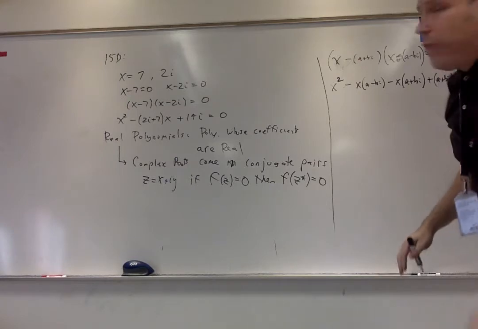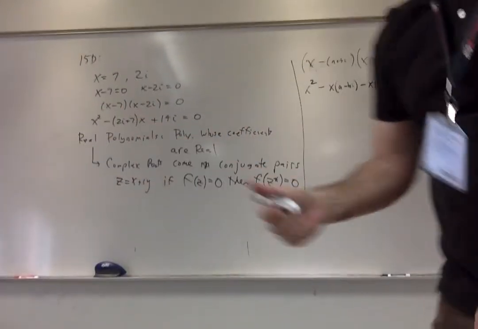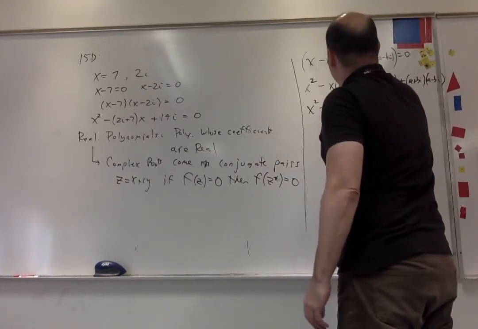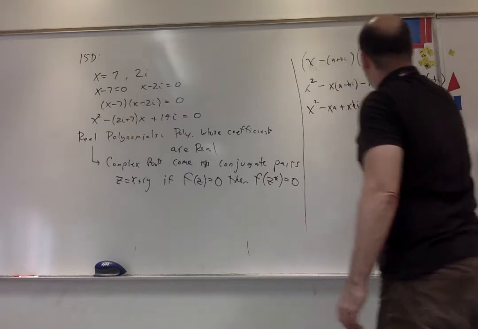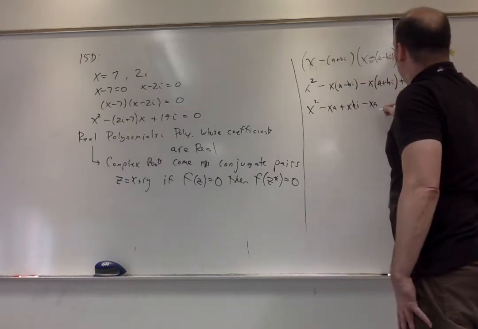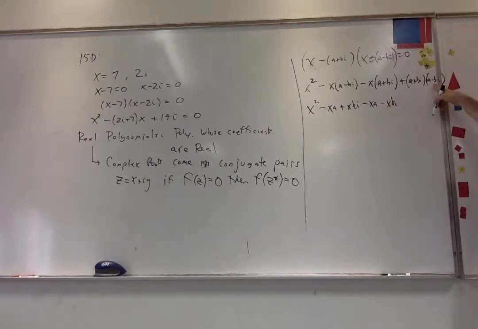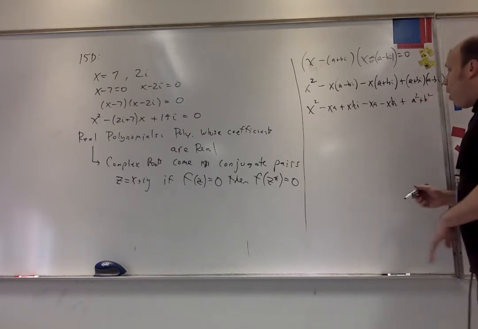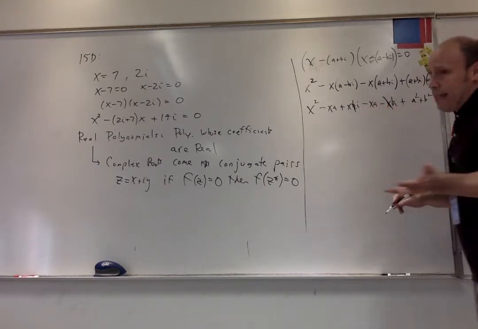And so we work this through, so we have x squared, minus xa plus xbi minus xa minus xbi. And then we know from our study of the previous unit, this is equal to a squared plus b squared. Well, we notice that this goes out with this, and the book comes up with this really interesting formula.